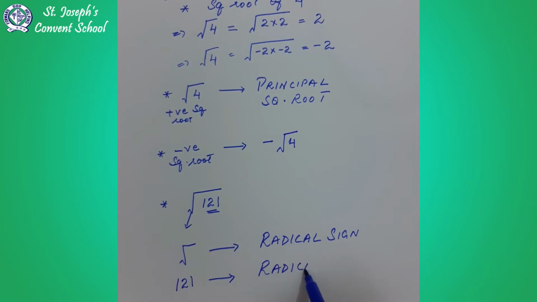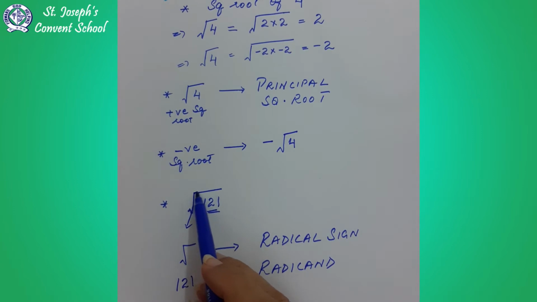Okay, whatever is written inside the root, suppose any variable is written, a is written under root a, so a is also radicand. Okay, this under root is known as radical sign. And inside the root, whatever number is written or alphabet is written, it is known as radicand.